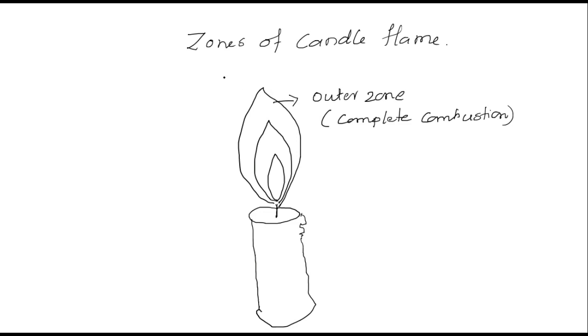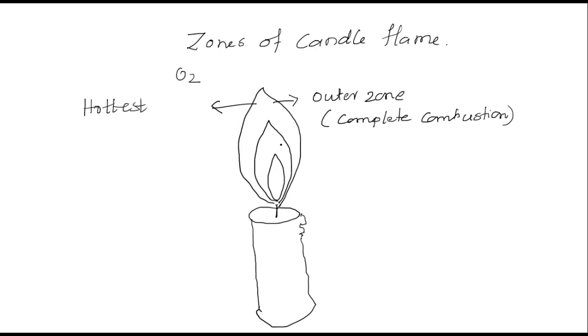It is more exposed to oxygen outside, easily available. We know that for combustion, oxygen is required, so it is required more in quantity. The more the oxygen, the better the combustion process is. And therefore, this part is the hottest part.